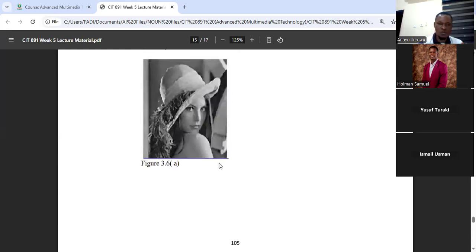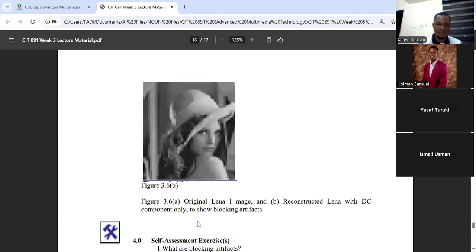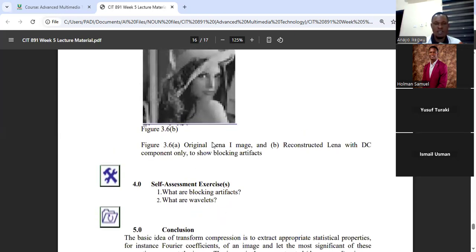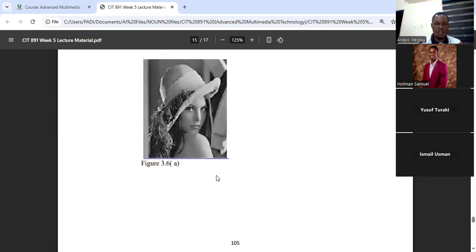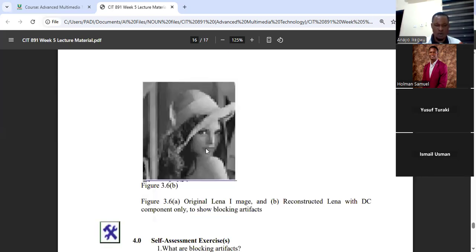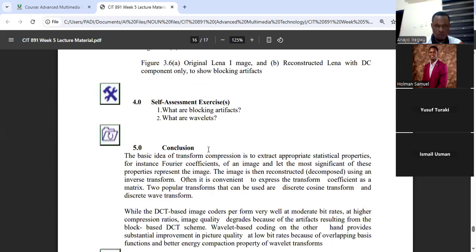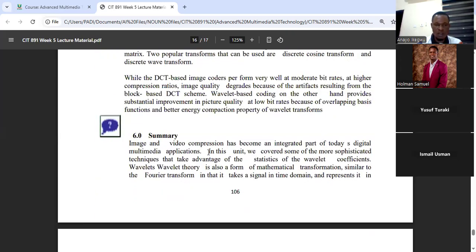Just watch how the image, at least this one, 3.6a, is a little bit brighter than compared to the second one.